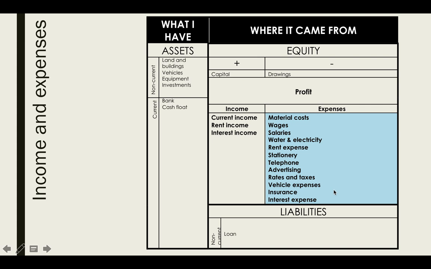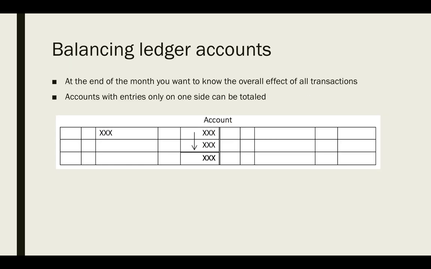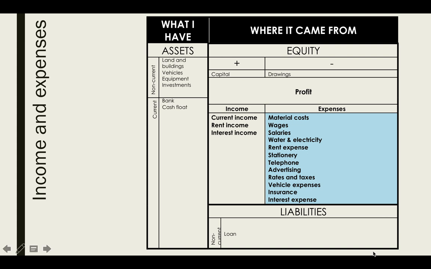So your sales and cost of sales are combined to make your gross profit, and then you will add all your other incomes and subtract your expenses. And all of these will then be taken to calculate your profit, which is what you're going to use to calculate your statement of income.